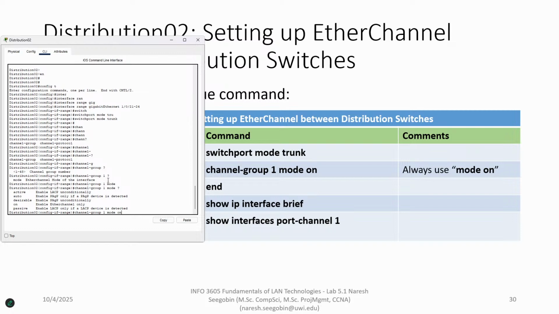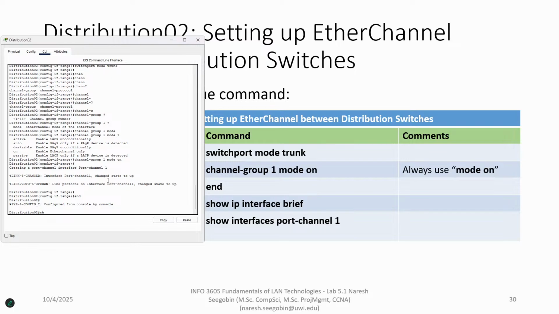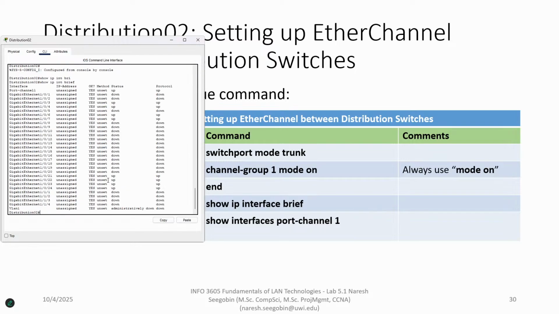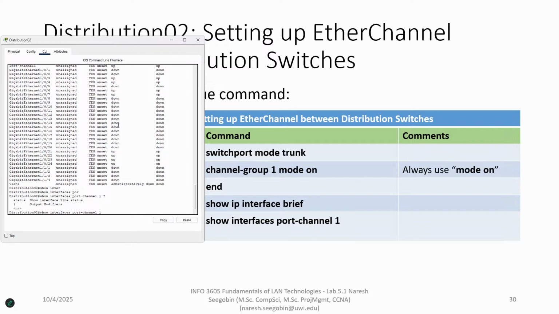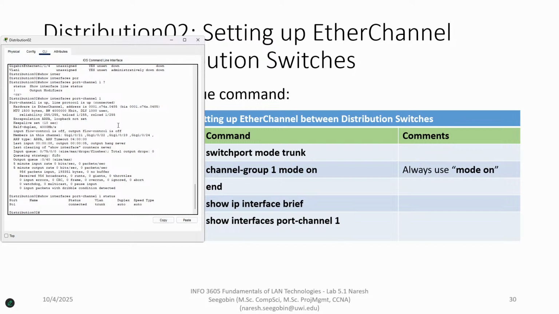So channel group 1 mode on, state up, then we could do an end. Show IP interface brief. Right, so there's a port channel here, which is good. Show interfaces port channel 1. Anything else? Status up, nothing much.